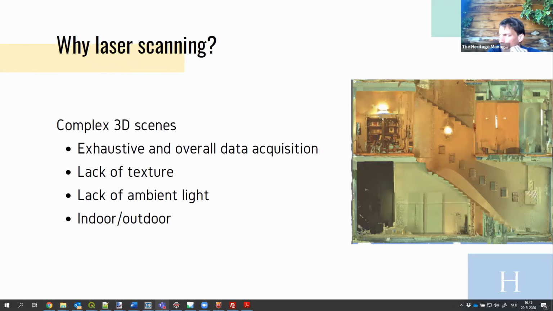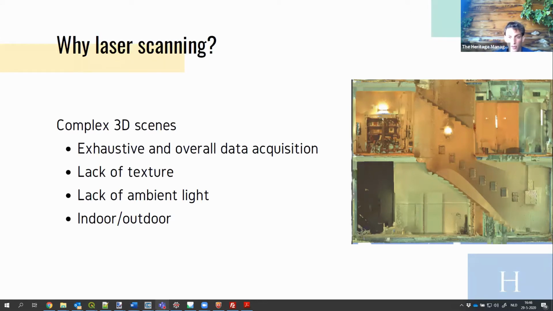When I started my PhD in 2009, one of the first applications I was working on was the measurement of tunnels, of railway tunnels under the international airport in Brussels and the harbor of Antwerp. These were very narrow, very dark environments where we had to measure cross sections of newly built tunnel segments.